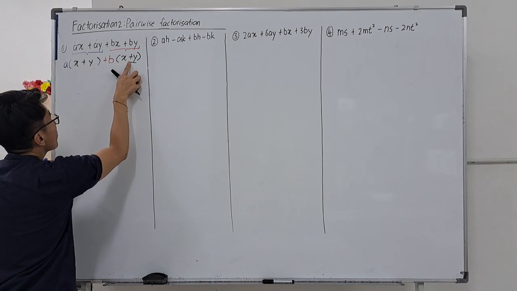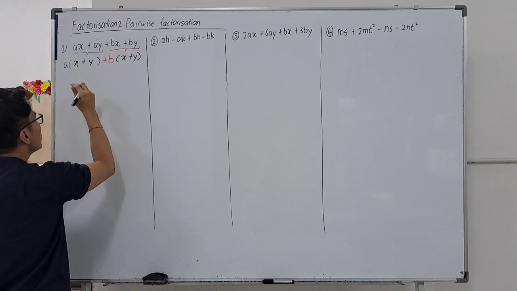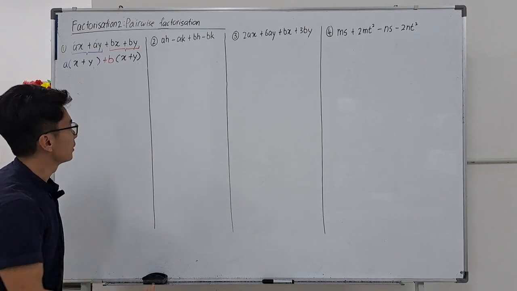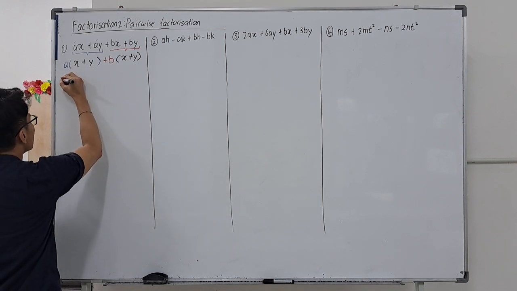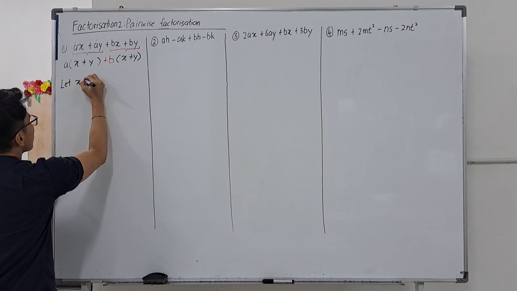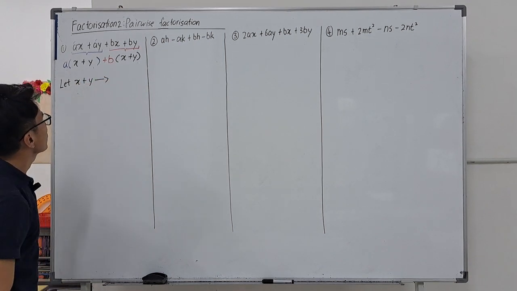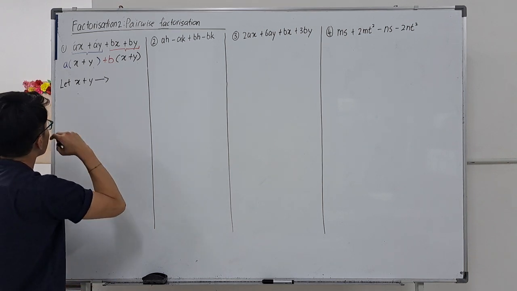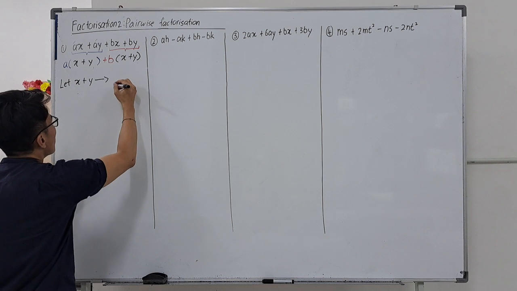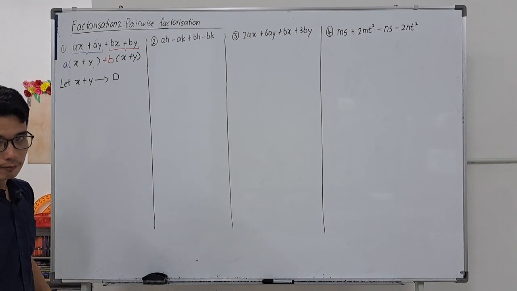So what I'm going to do now is write this out. I'm going to make this expression be represented by another alphabet. So let's say: let X plus Y become D. Okay.